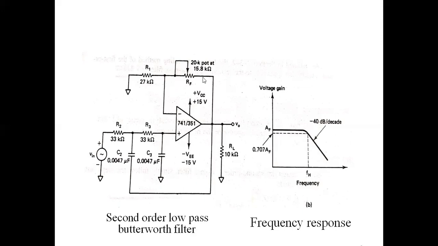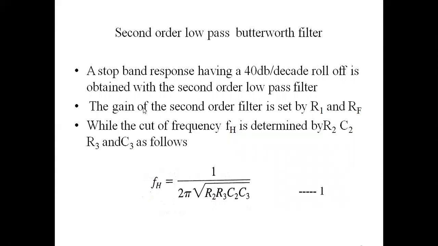In this way, we can define the second order low pass filter, and we can design for a second order filter. A second order filter is one having a 40 dB per decade roll off, or otherwise when you are using a two RC filter combination, that is called a second order low pass filter.